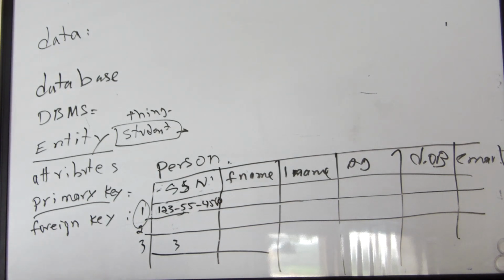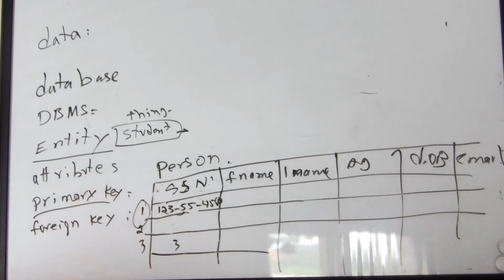So in each table there should be a unique number, a primary key, that identifies the row, and no other attribute is similar to that.